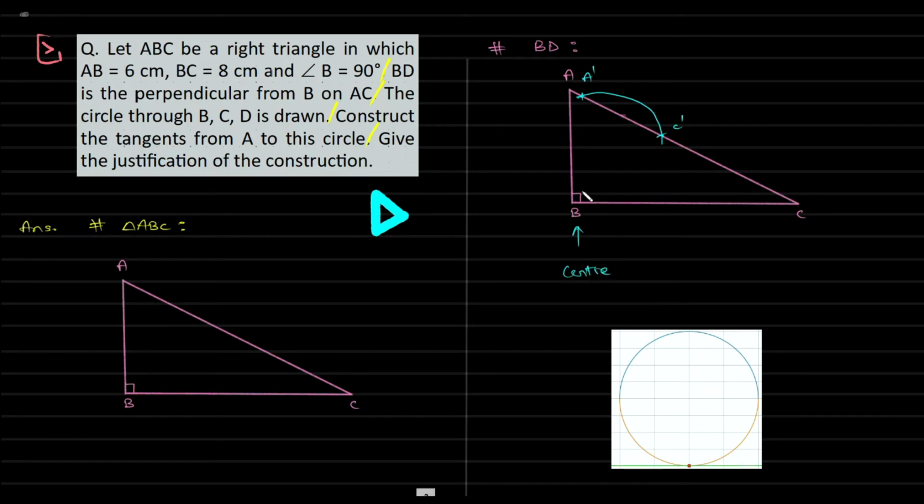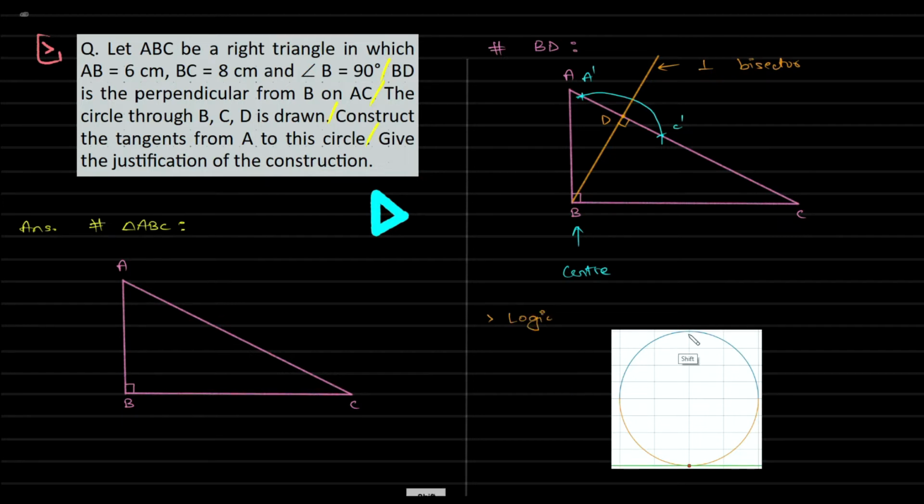Now if I happen to draw a perpendicular line intersecting A dash C dash, that would be intersecting at point T. Again, we need to bisect A dash C dash using perpendicular bisector, and this perpendicular bisector will go through the center, and that center is B. I'll explain the logic over here.